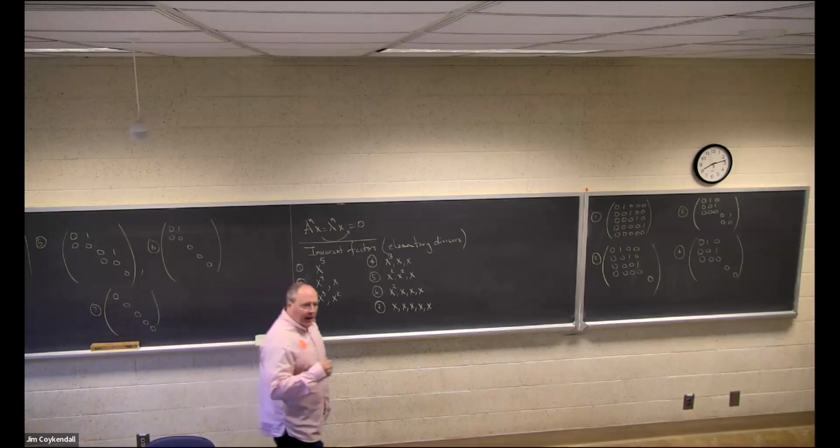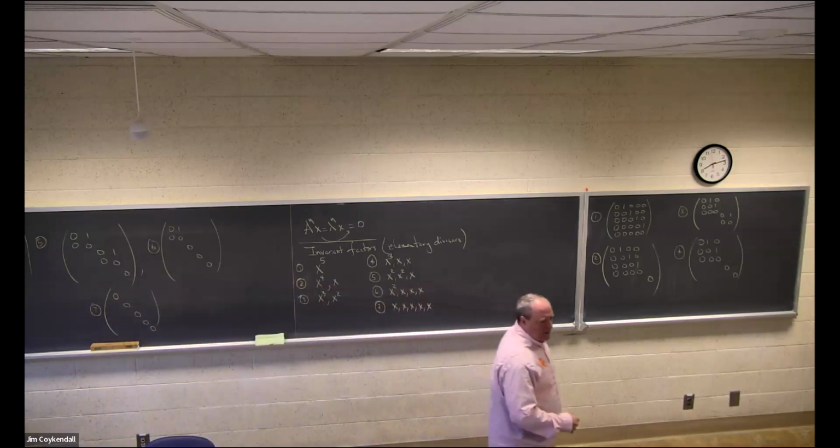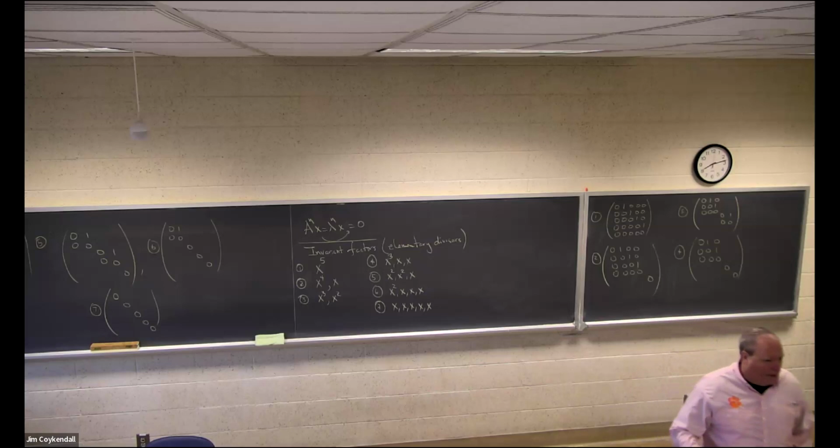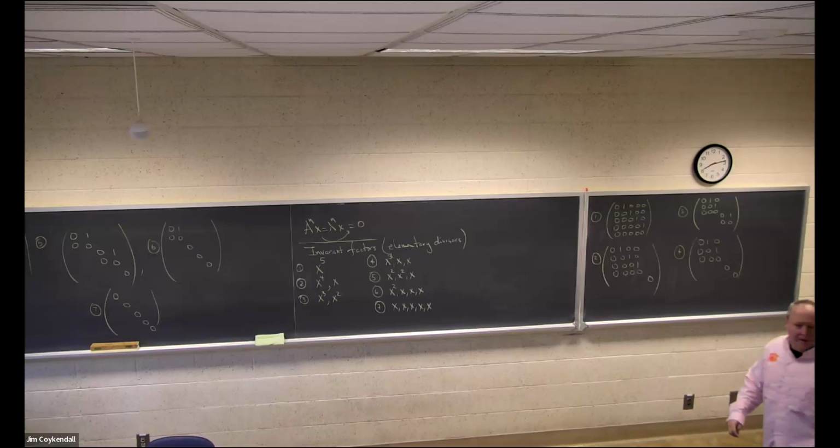So if you have any 5x5 nilpotent matrix that you can come up with, it may look pretty nasty actually, but you can conjugate it to one of these 7 forms, right?